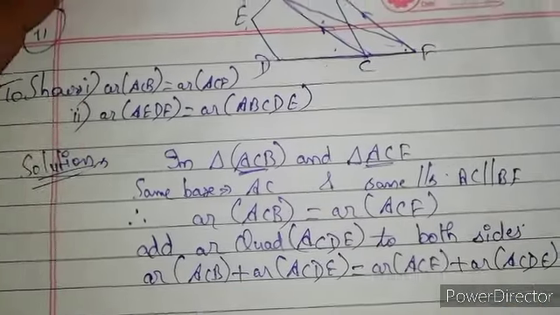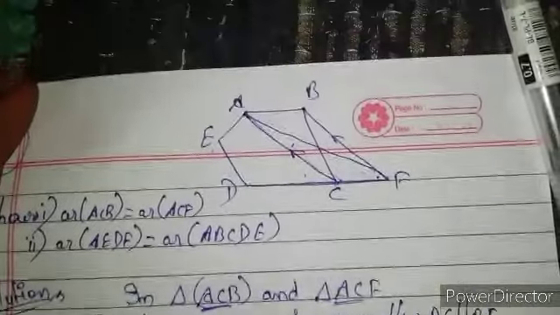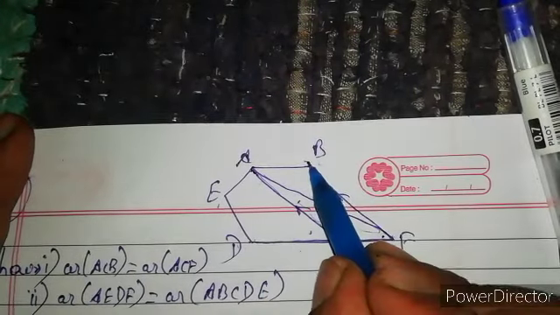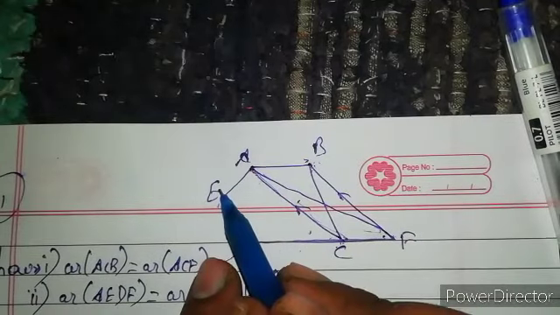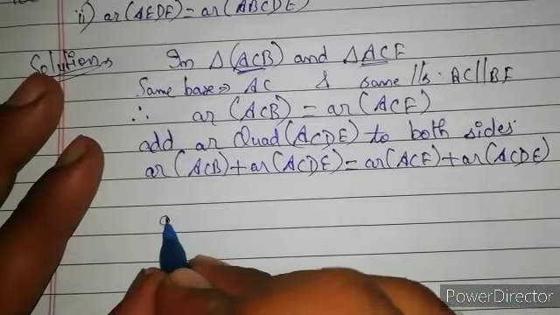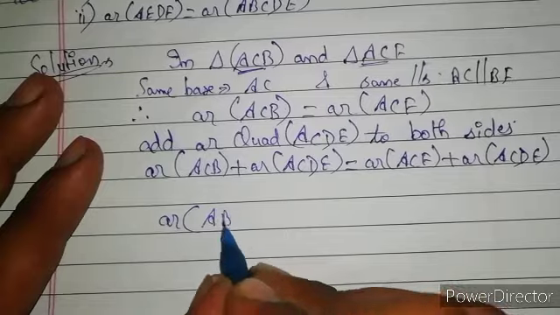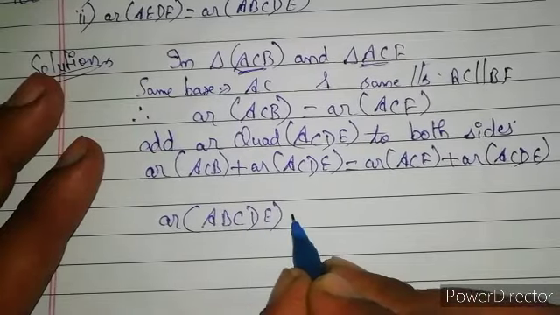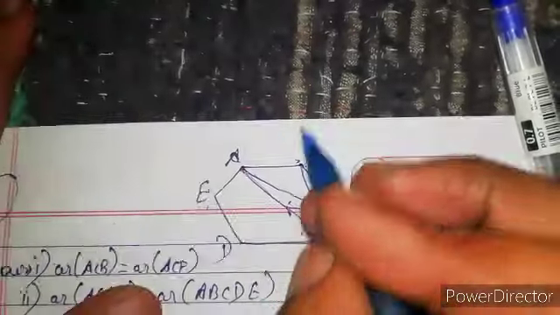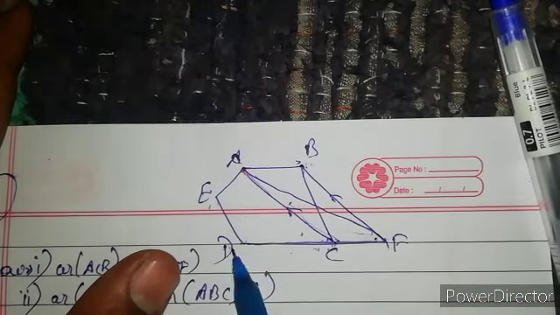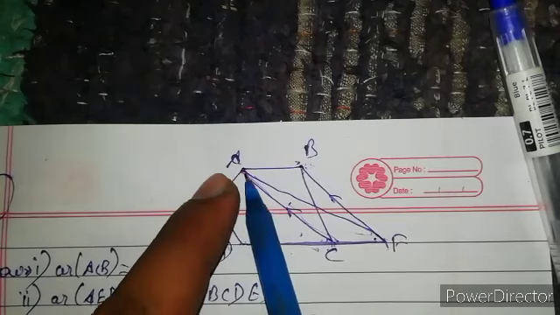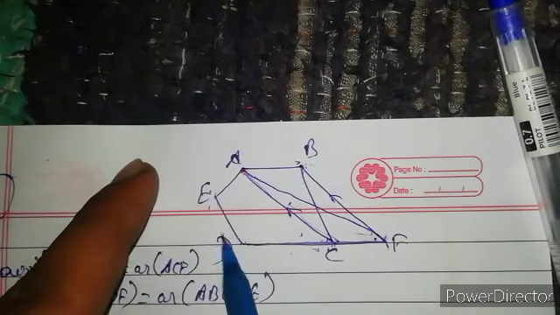Okay, so look, ACB plus ACDE is nothing but ABCDE. Okay, so here in place of this I can write area of ABCDE. Now look, here we have area of ACF, and if we add ACDE to this, we will have area of AFCDE.